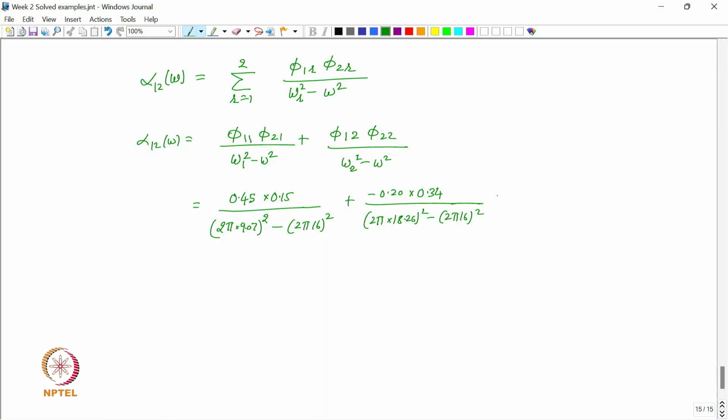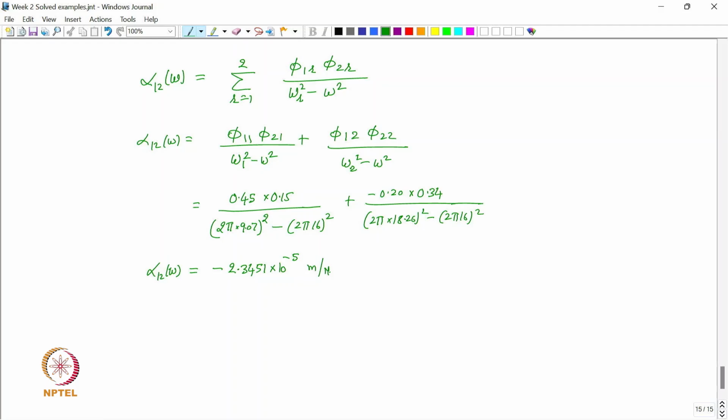So, this gives us basically the value of alpha 1 2 at the excitation frequency, right, at omega, that it is around minus 2.3451 into 10 to the power minus 5, right, meters per Newton. So, this is the frequency response function we have got.